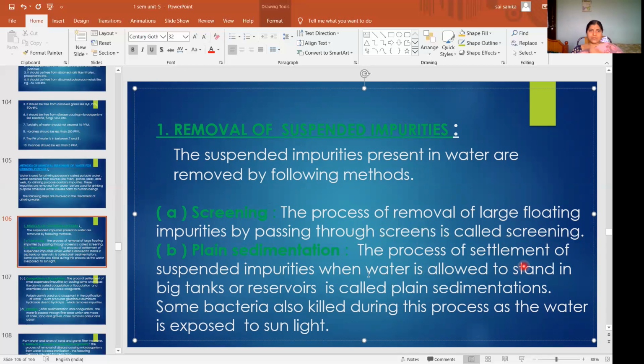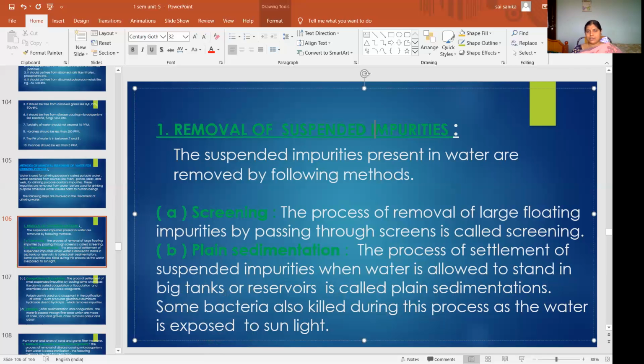The process of settlement of suspended impurities when water is allowed to stand in big tanks or reservoirs is called plain sedimentation. Some bacteria are also killed during this process as the water is exposed to sunlight.